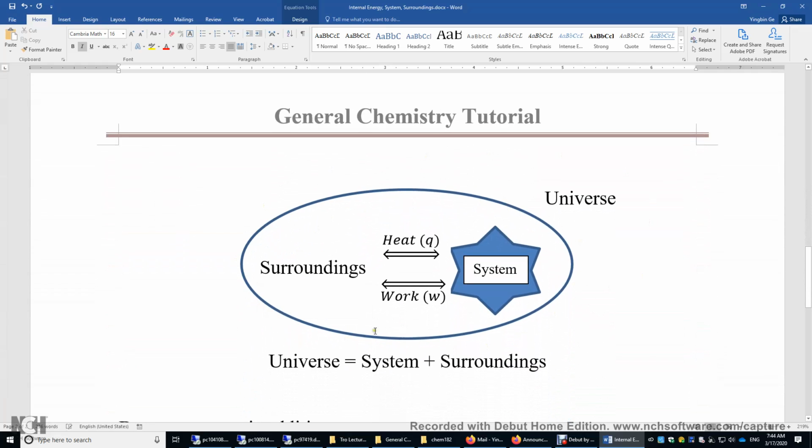This is my diagram of the universe. And let's say we are investigating this system, this blue star. This is my system. The rest of the universe is called the surroundings of this system. Between the system and the surroundings, there might be heat flow, and work might be done by the surroundings to the system or by the system to the surroundings.